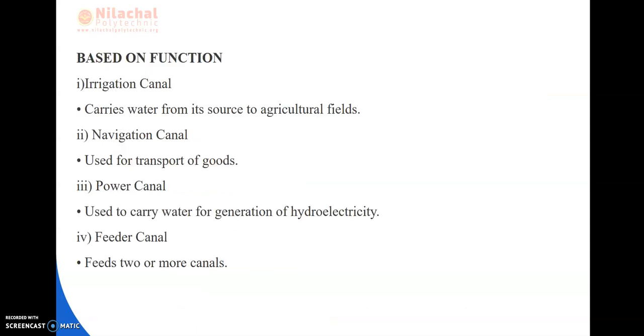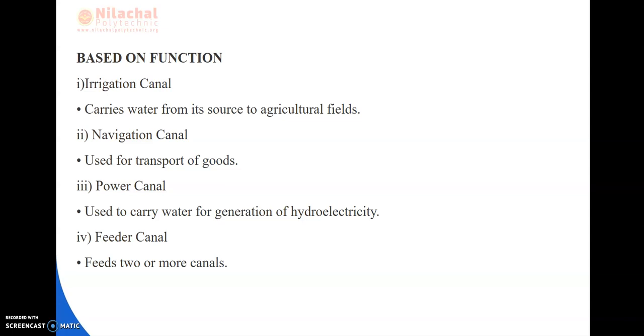Next, we'll read about types based on function. There are four types of canal. First is the irrigation canal, which carries the water from its source to the agricultural fields.